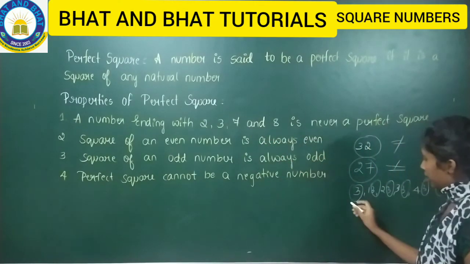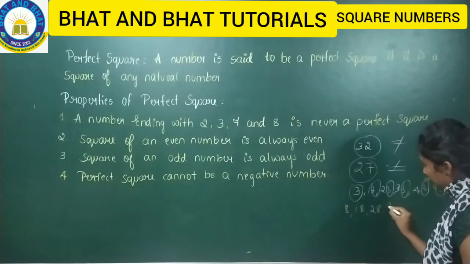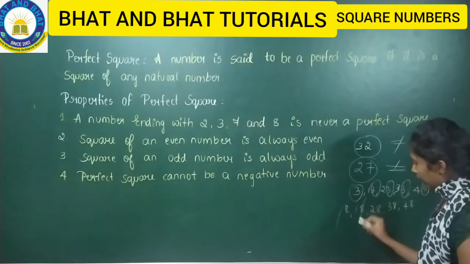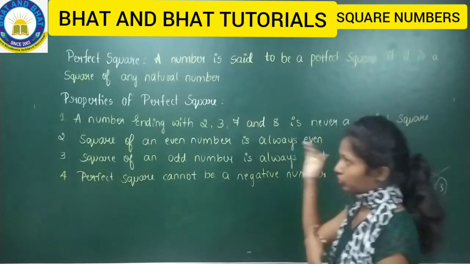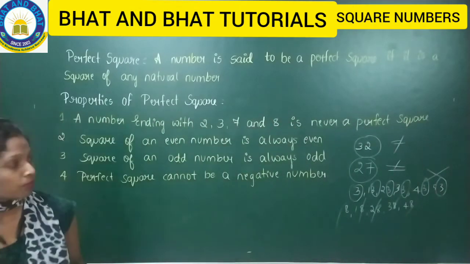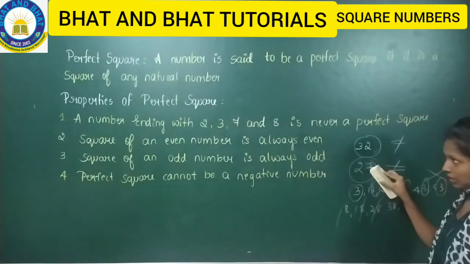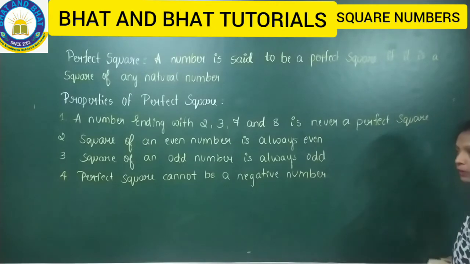In the same way 8, like 8, 18, 28, 38, 48, like this. The number which is going to end with 8 is never a perfect square. So this is what your first property tells: a number which ends with 2, 3, 7 and 8, we are never going to call a perfect square.